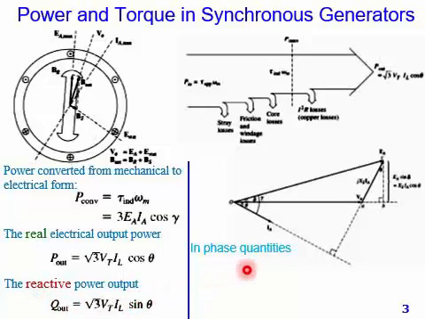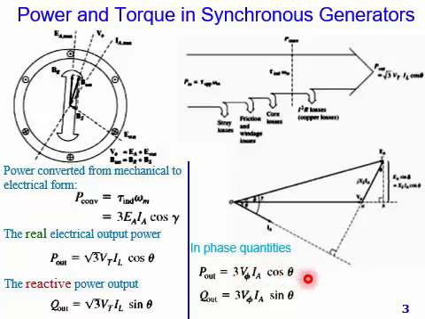Now in phase quantities can also be described in the form of P out and Q out. These in phase quantities would be 3 V phi Ia cos theta and 3 V phi Ia sin theta in the case of real and reactive powers.